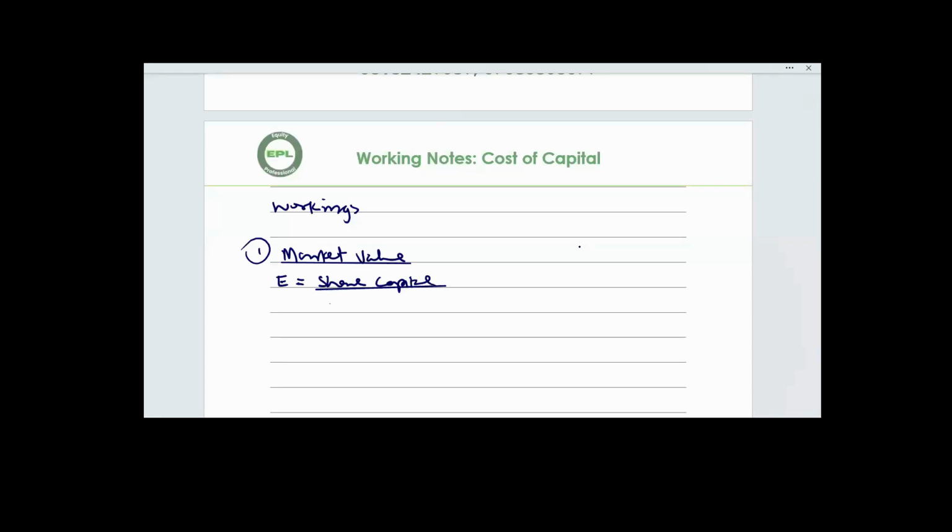The examiner has used par value in the question, so let's use what the examiner used. Par value multiplied by share price. When you are calculating project specific, you are less concerned with ex-div share price, because we don't need dividend in this case. So just put share price.